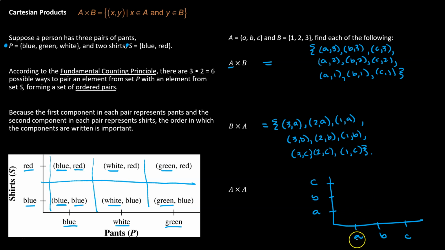So this would come first from the A column. We would have A, C, A, B, A, A. And then from the B column, that would look like B, C, B, B, and B, A. And then from the C column, we'll have C, C, C, B, and then C, A.